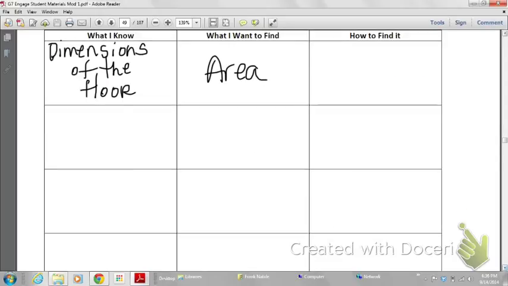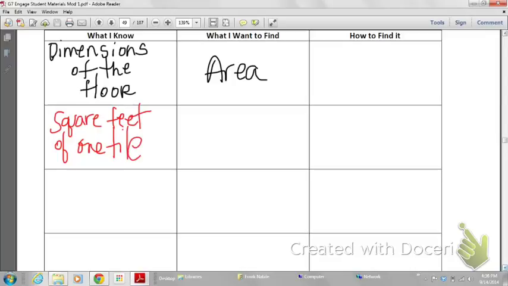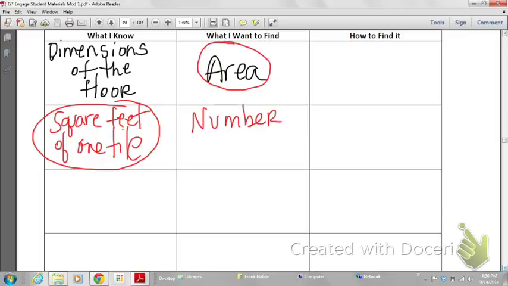So we know the square feet of one tile. And what this is going to help us do is figure out or calculate the number of tiles needed to cover what we had.